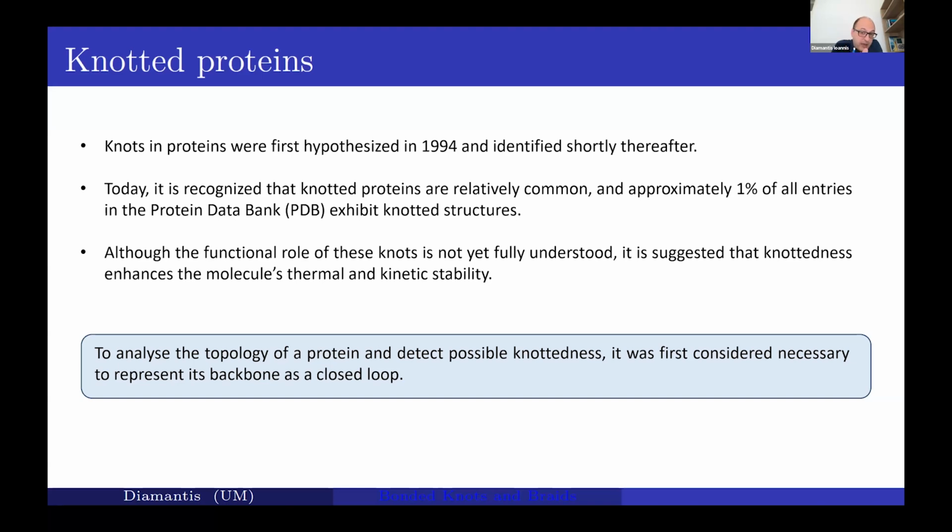And we also conjecture, it's not written in stone, but we believe so, that the type of knot that the protein forms may enhance a molecule's stability.